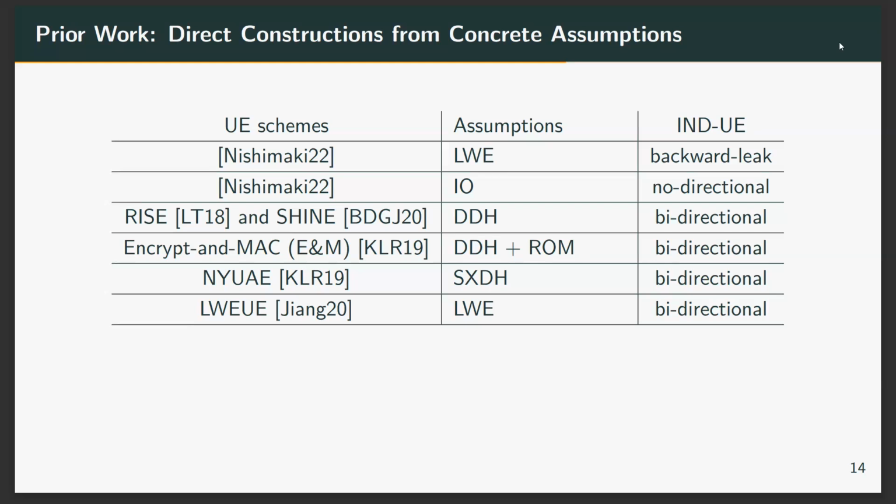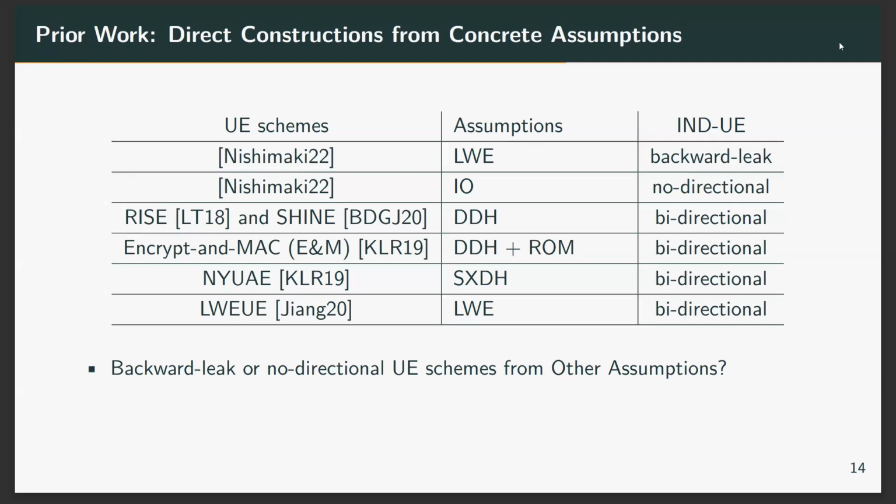This is before our work, before our equivalence result between backward leak and no direction. And if you consider bidirectional, there are DDH constructions, DDH and random oracle, and so on. You can see that all these constructions are based on concrete assumptions. So the question we want to ask is, are there any generic constructions of updatable encryption? Or is there any updatable encryption from other assumptions outside of these?